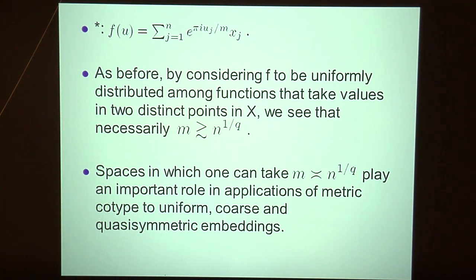If m is big enough, I do not get the same contradiction that I had before for these random functions, which are really nonlinear objects. And we will see very soon that spaces in which we can get n to the 1 over q play an important role in applications to coarse geometry and quasi-symmetric embeddings. We'll get to this. But remember that unless your metric space is a singleton, m has to be large. How large? n to the 1 over q.